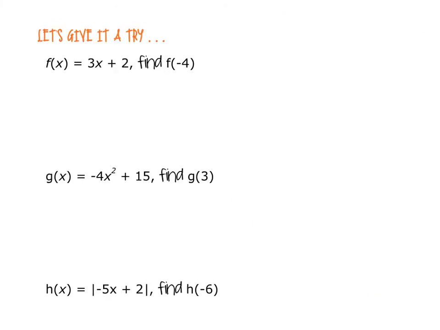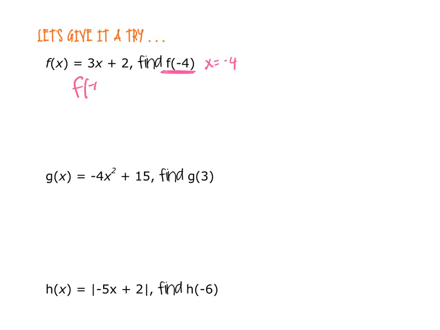All right, I'm just going to do a few more practice problems here. My function is f of x equals 3x plus 2, and I want to find f of negative 4. Recall this means I'm figuring out the value of my function when x equals negative 4.